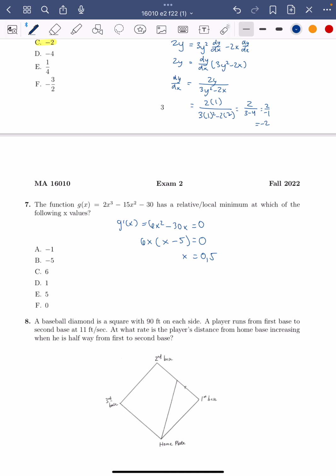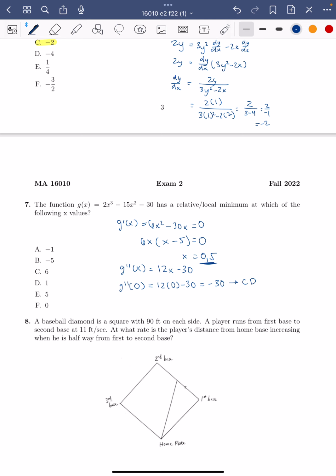Now, let's find the second derivative so we can do the second derivative test. g double prime of x equals the derivative of 6x squared, which is 12x, and the derivative of negative 30x is negative 30. Now, let's go ahead and plug in these 2 points to find the concavity. So g double prime of 0 equals 12 times 0 minus 30, which equals negative 30. This is negative, so this means that this is concave down.